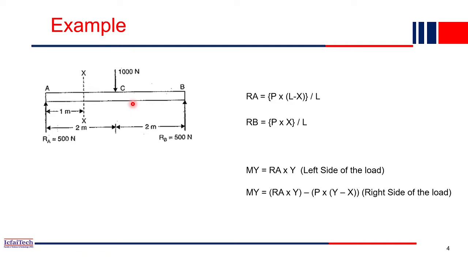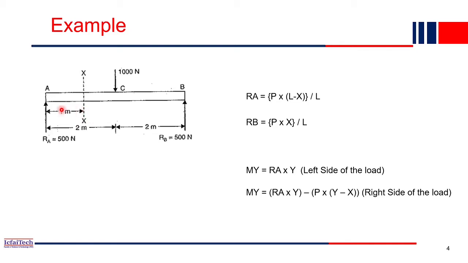Now computing the bending moment is our main objective of this experiment. Bending moment is force into distance, right? If you are finding the bending moment at this section XX, you have to go to either the left side or the right side; any side you can take and compute.